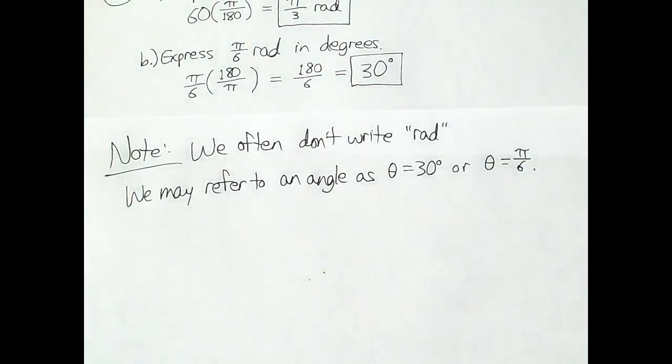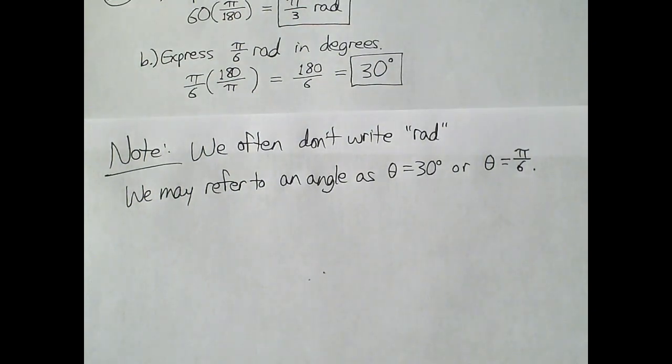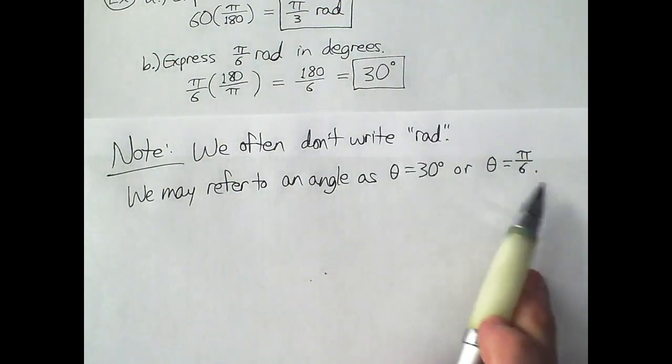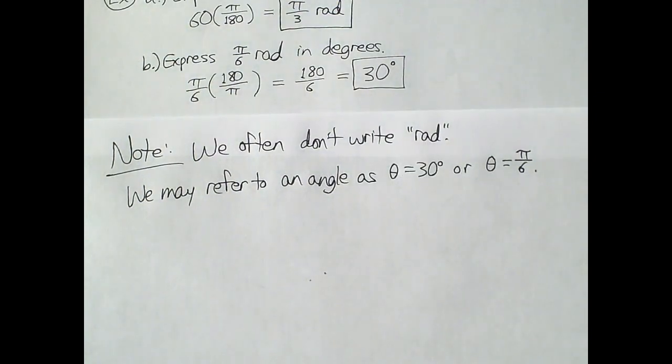That's the angle we talked about in part B just a second ago, and we called it pi over 6 radians, or pi over 6 rad. And now I'm saying, this is new for us, that it's okay to just not write rad, and you can just say it's pi over 6.